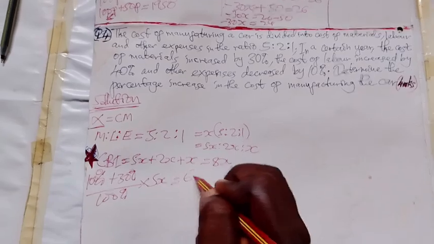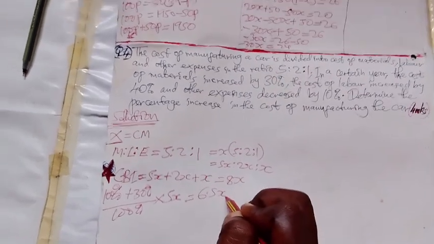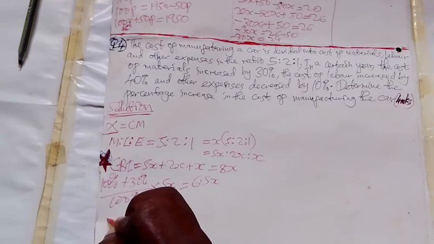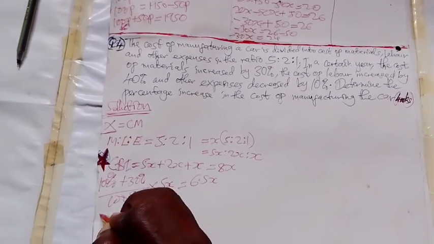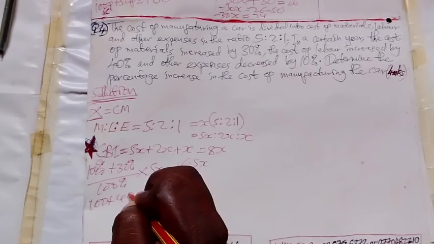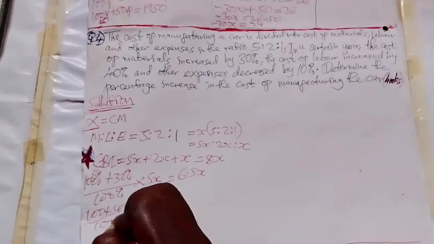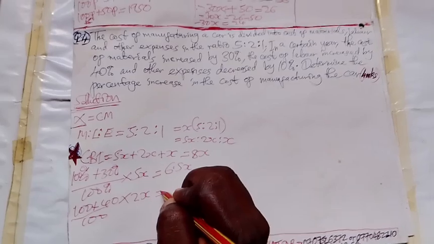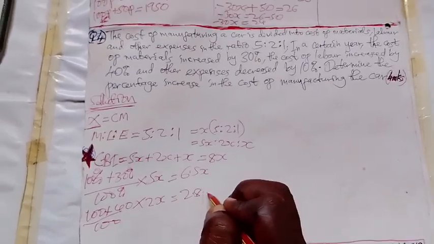This gives us 6.5x. And labor increased by 40%. This is 100% plus 40 over 100 times 2x. This will give us 2.8x.